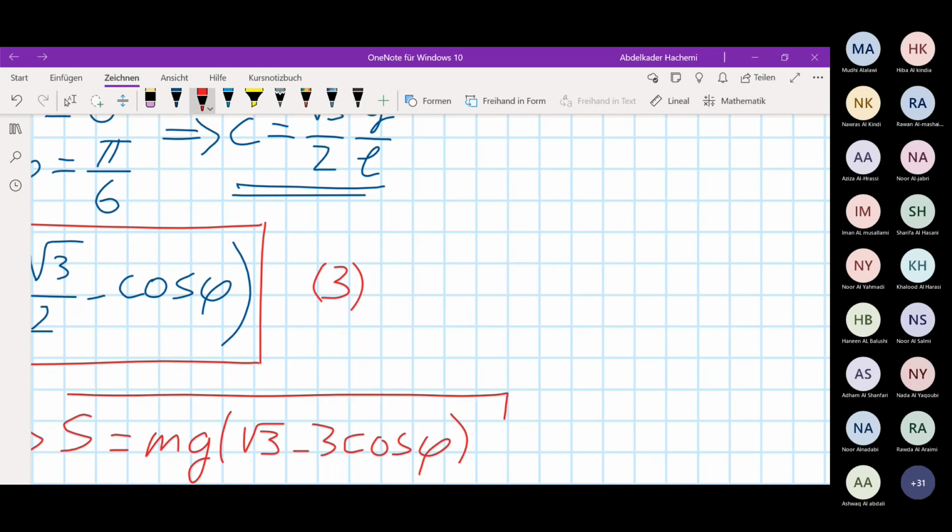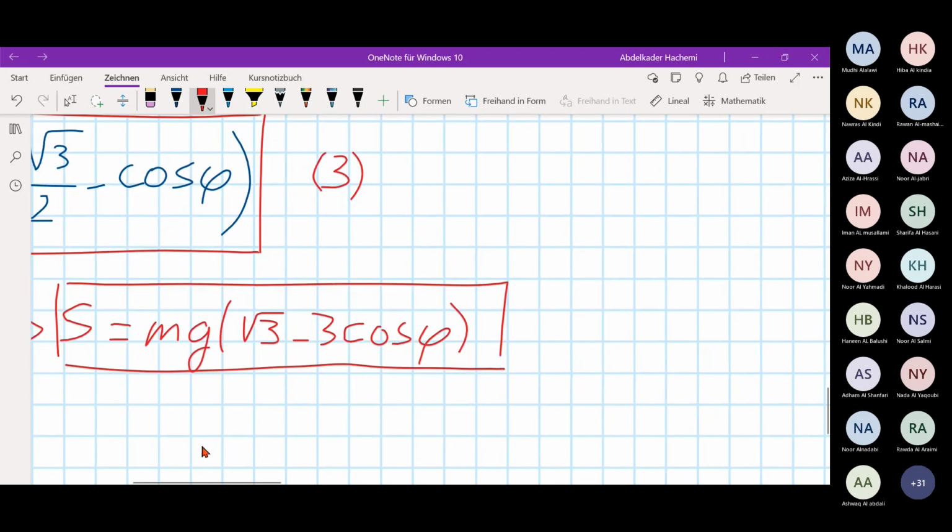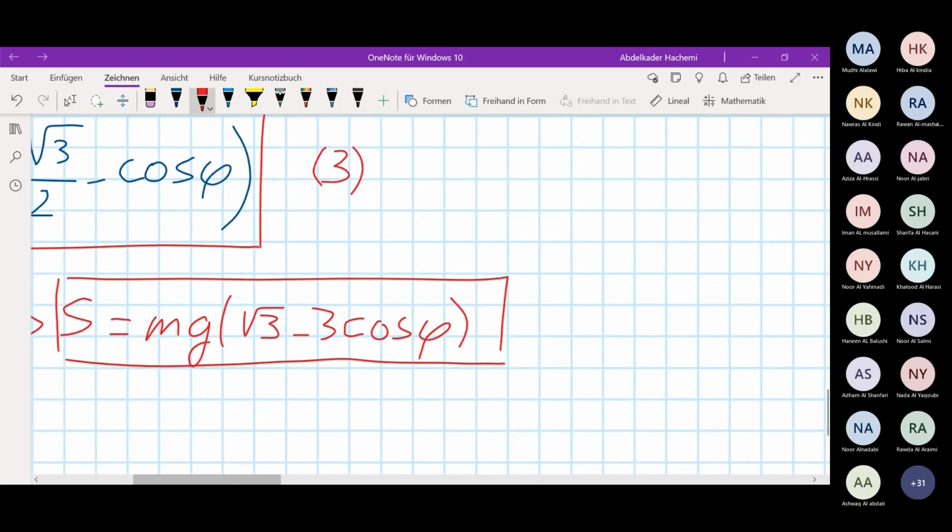This is the expression of the rod force. Now for the first question, to determine the rod force S as a function of the angle phi, at each position we can determine the value of S, as m and g, the mass and the gravity acceleration, are constant.